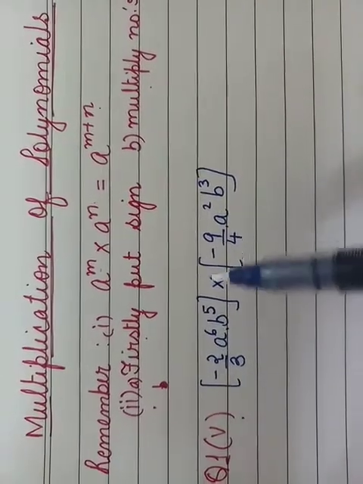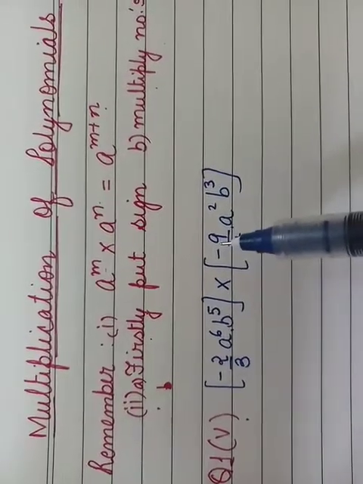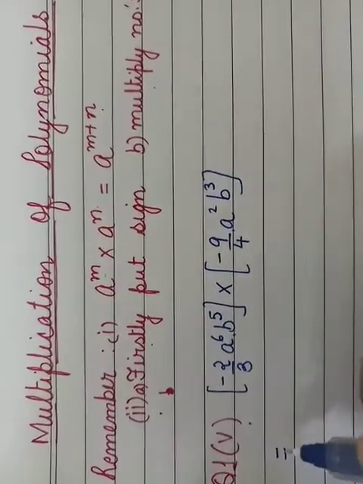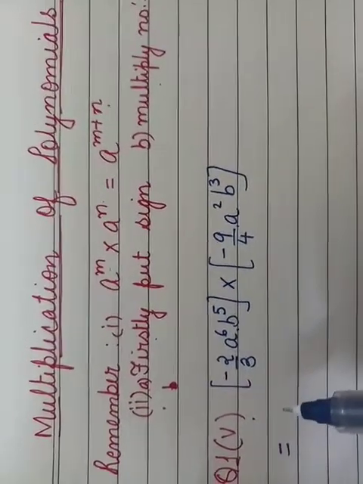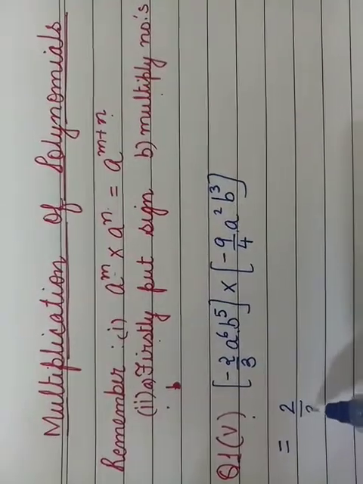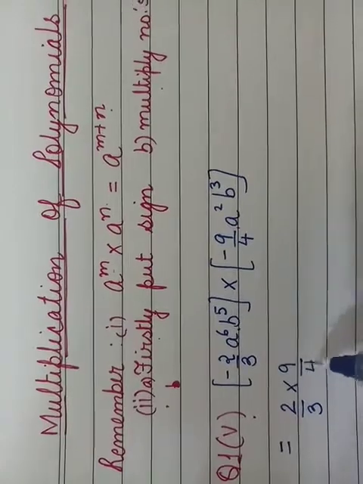Negative sign is 2 times, that is even times, or you can say minus into minus is plus. So the sign becomes plus. We do not write the plus sign, that is understood. Now we multiply the constants, that is 2 by 3 into 9 by 4.